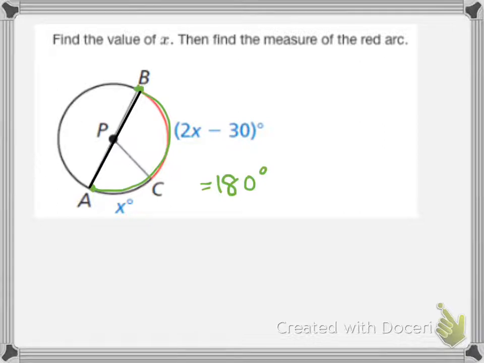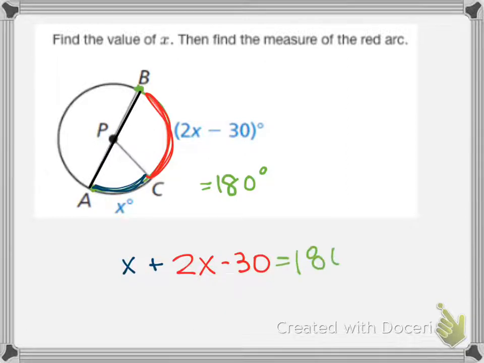So we're going to take x and add it with the red arc, which is 2x minus 30, and then we know that they will add up to 180 because they form a semicircle.